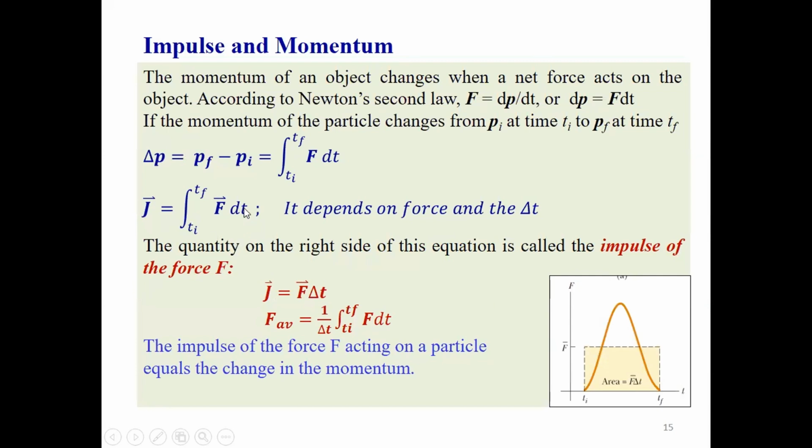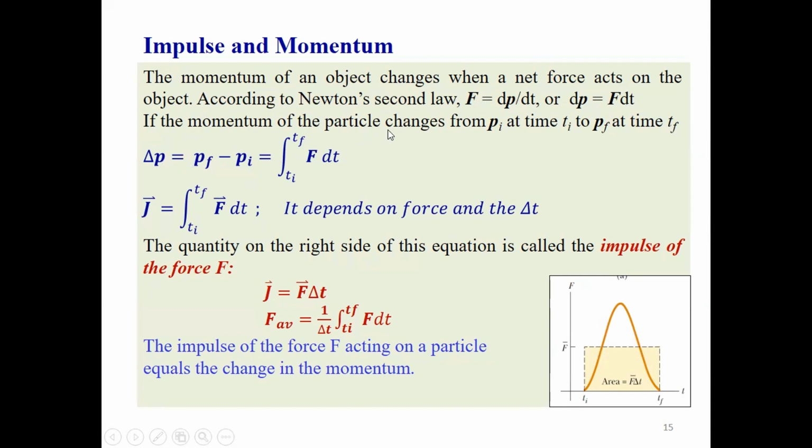Let us briefly talk about impulse and its relationship with momentum. Momentum of an object changes when a net force acts on the object. According to Newton's second law, the force is equal to the rate of change of momentum, or the change in the momentum dp is equal to force multiplied by dt.